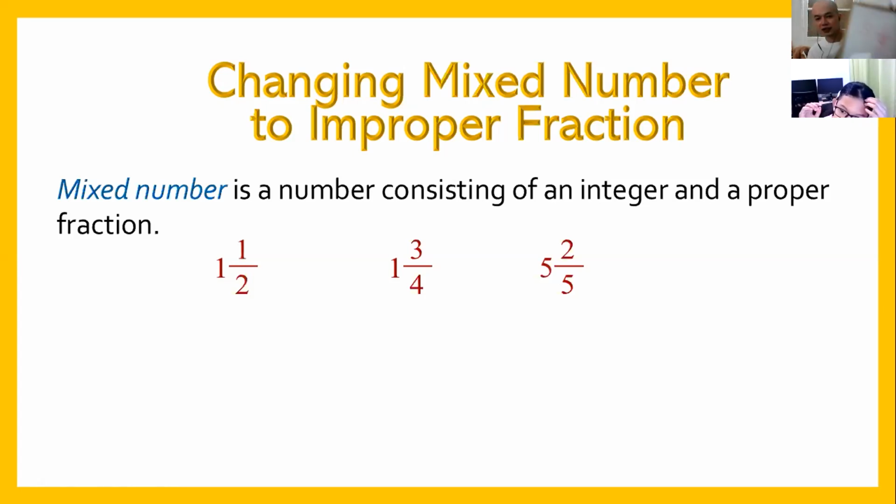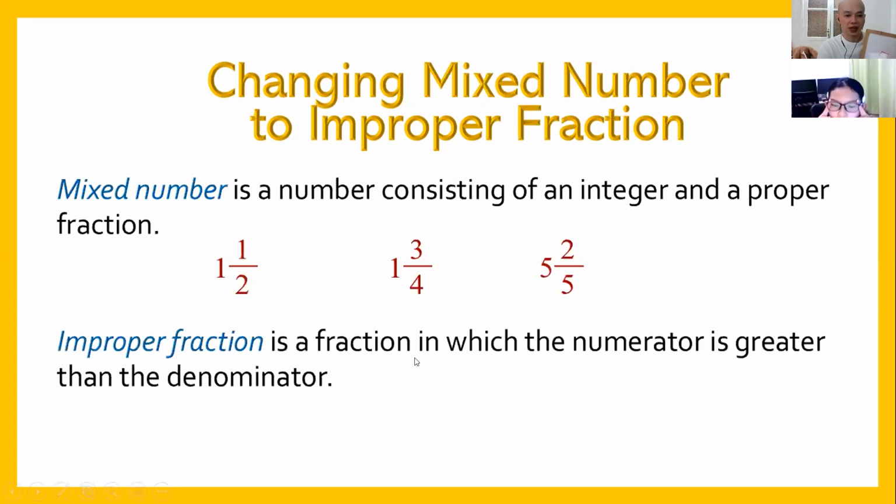Very good. Now, what is an improper fraction? If the numerator, the number up, is smaller than the denominator, this is what we call a proper fraction, the usual fraction.